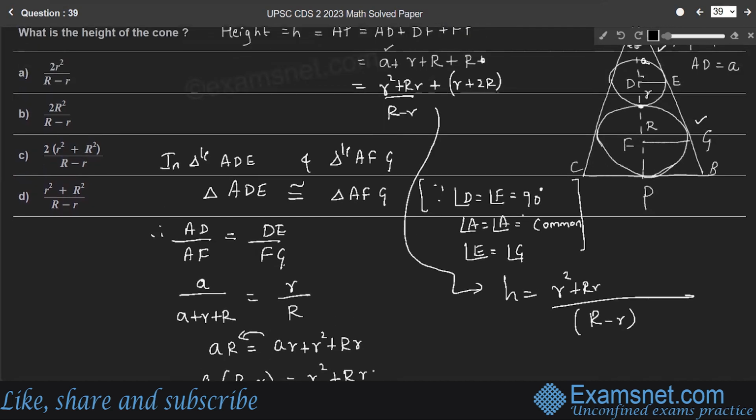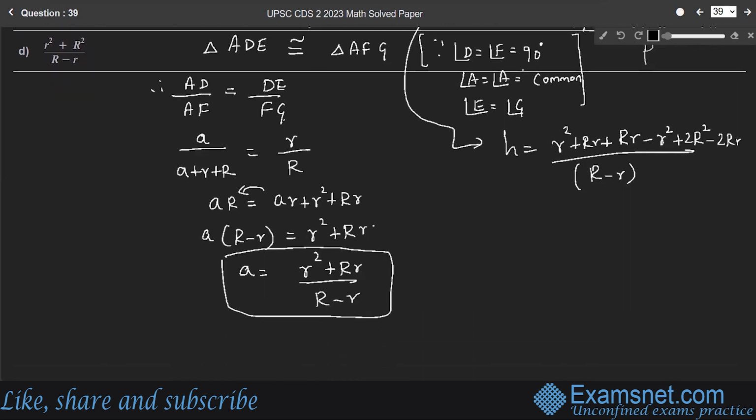So we have rR plus rR, and plus of minus is minus r squared plus 2R squared minus 2Rr.